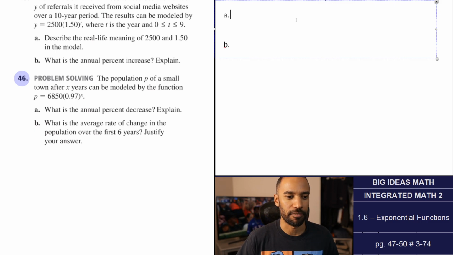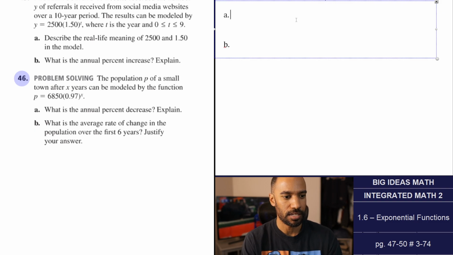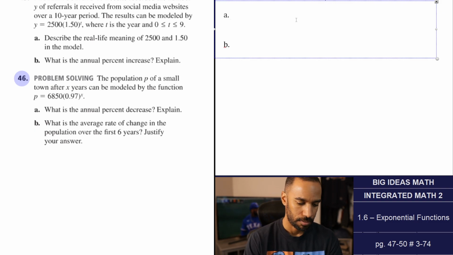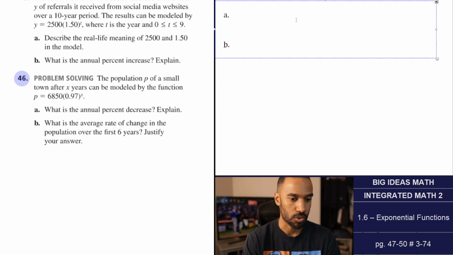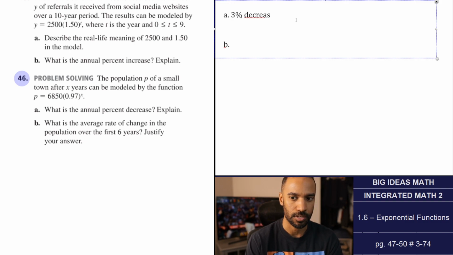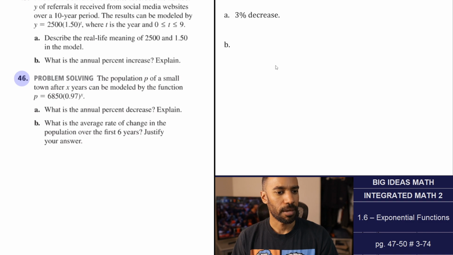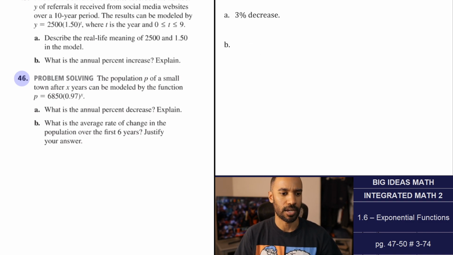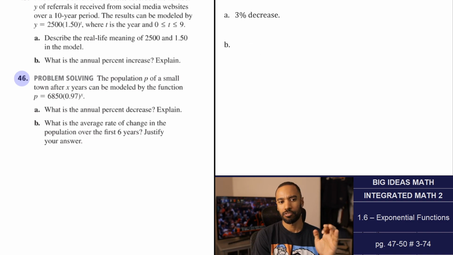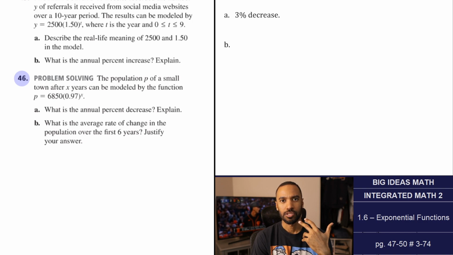I'll have to think on part B for a second. The annual percent decrease is, we start from 97%, right? So it's a 3% decrease. You're taking 3% away from 100%. Part B, I'm not going to type anything, I'm going to actually solve it. The average rate of change in the population is a slope.